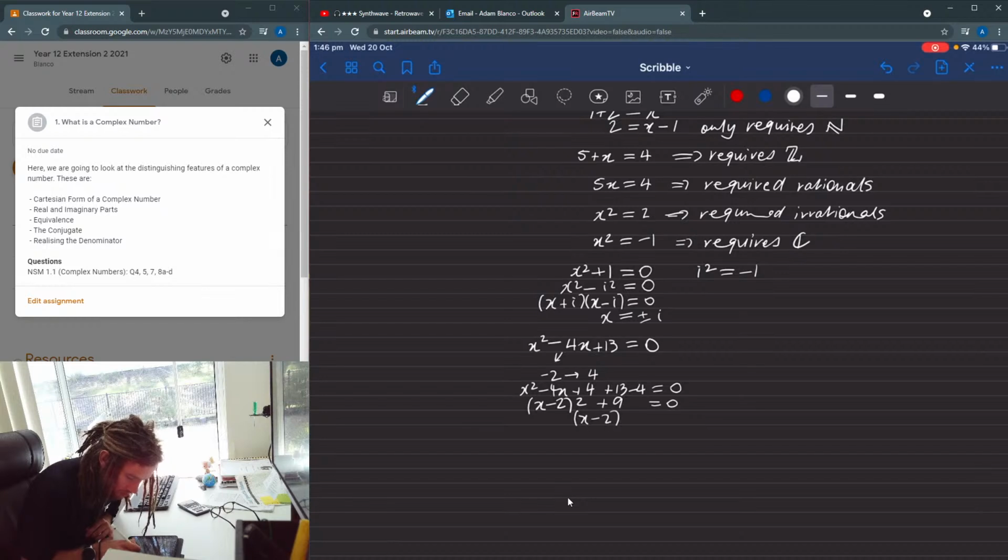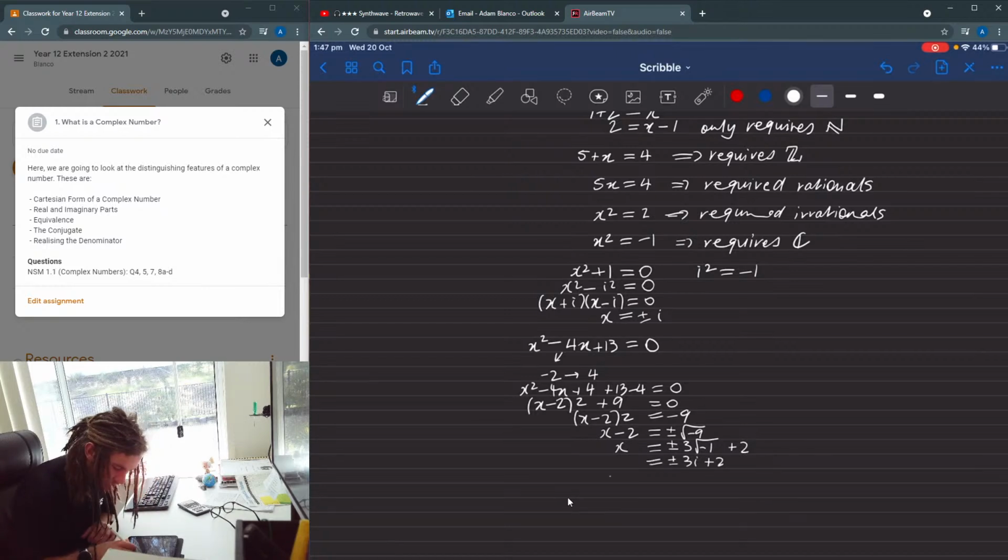So then (x minus 2) squared equals minus 9. x minus 2 equals plus or minus the square root of minus 9. x equals, now this thing on the right is plus or minus 3i, so I'll take the extra step. Plus 2, which is 2 plus or minus 3i. So that means x is equal to 2 plus 3i and 2 minus 3i.